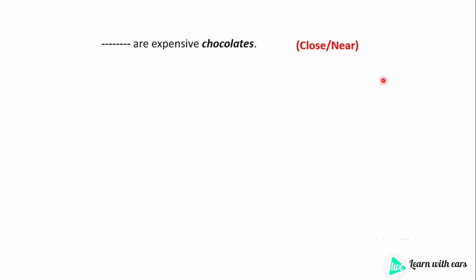Now let's put the right words in the blanks. Okay, so here we have the first sentence. We have chocolates and near, close to us. So if we have chocolates, it means it's plural, and near. So we use these. These are expensive chocolates. Next, books, plural, and distant, far. Okay, so far and plural, we use those.